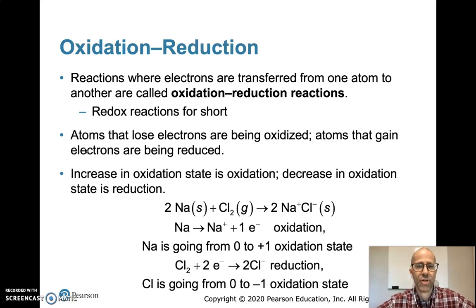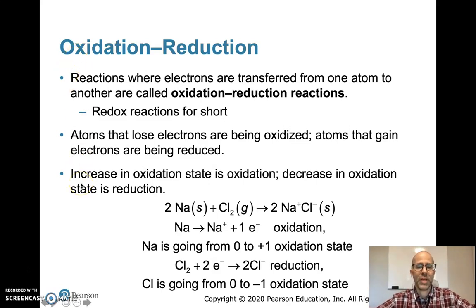GER: gain of electrons is reduction. So OIL RIG or LEO-GER are two ways that you can remember that oxidation is the loss of electrons and reduction is the gain of electrons.